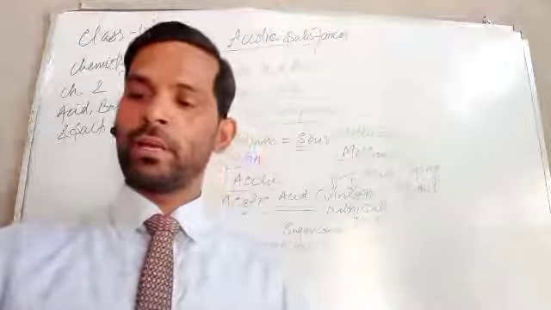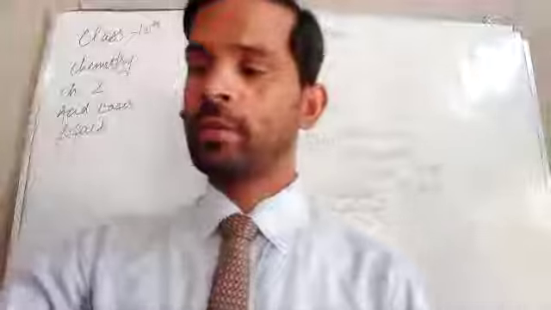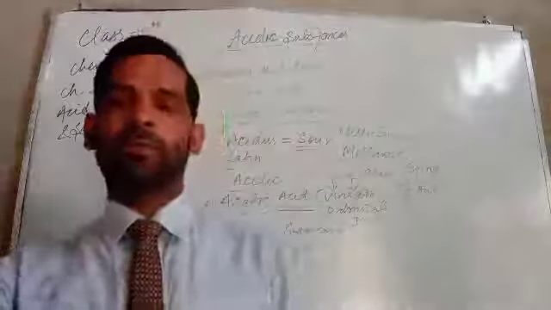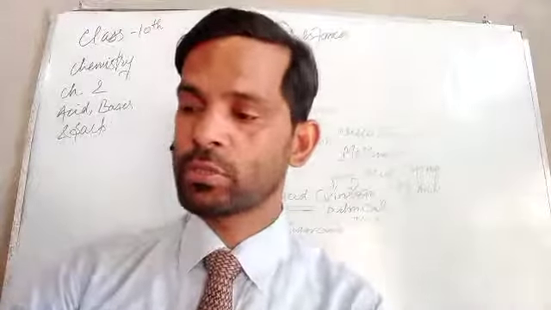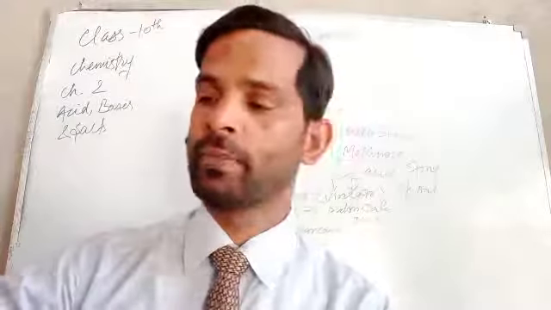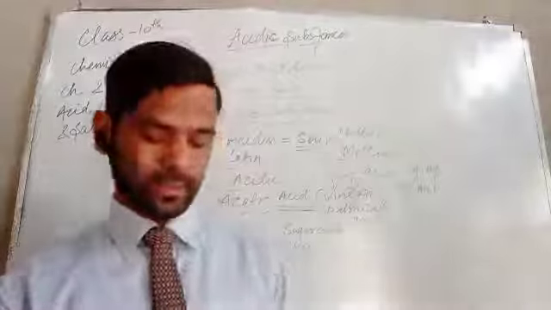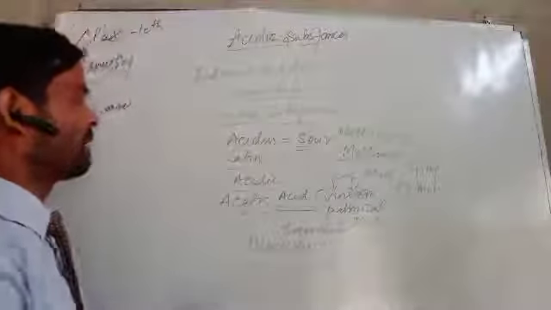On the basis of their properties, acids can be divided into different forms or sources. What are these sources? How can they be identified? What are these organic and mineral acids? Acids can be classified into two different types.